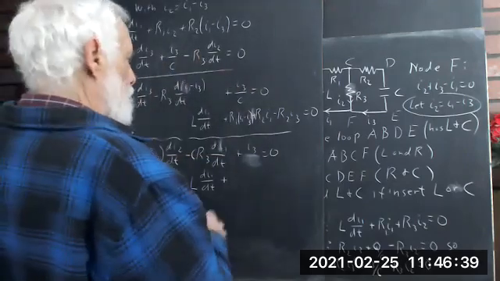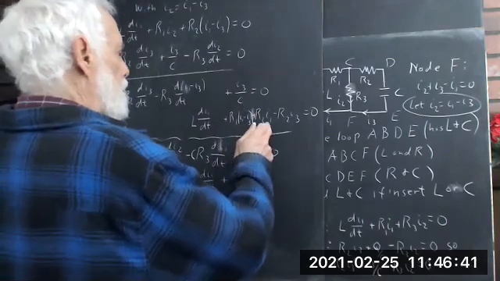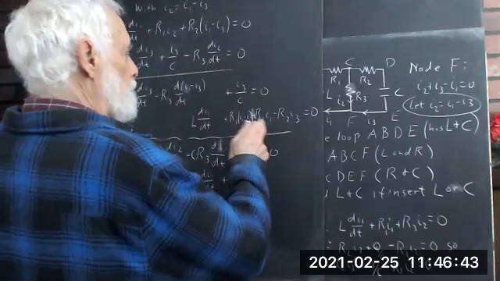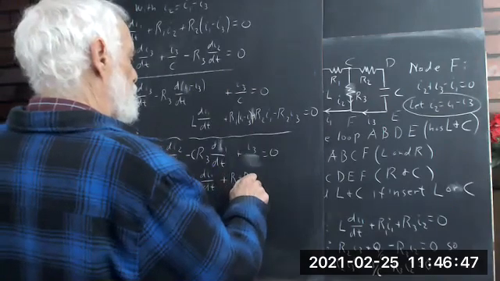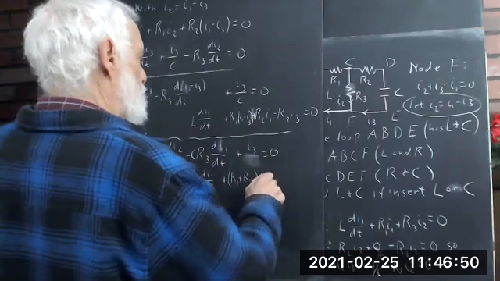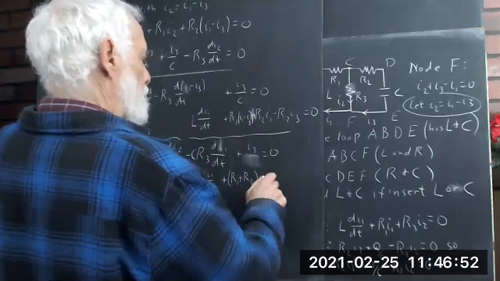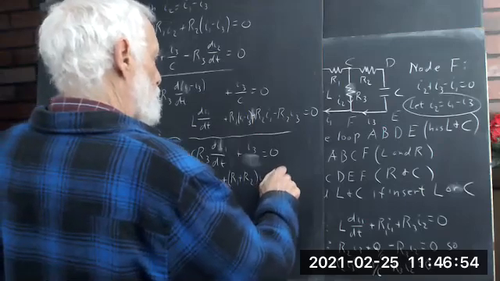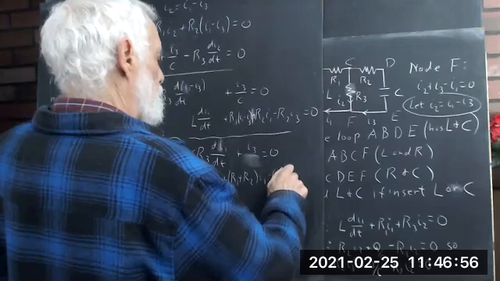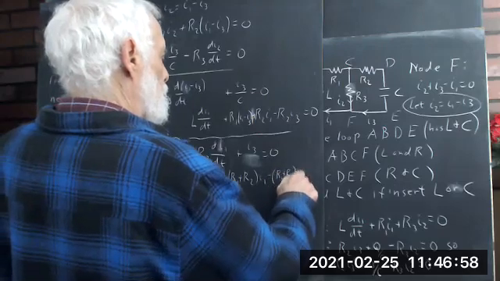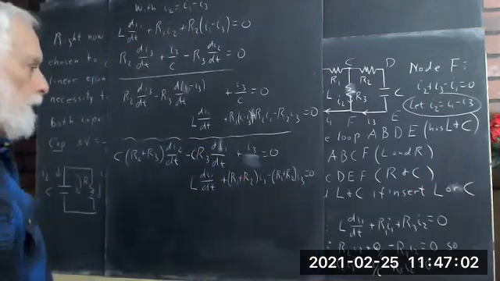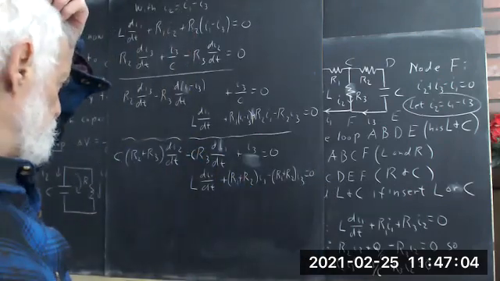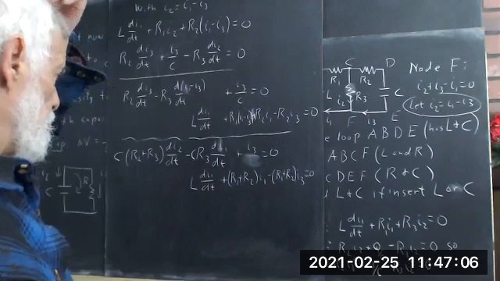And now we see that for I1, we have an R1 plus R2. And then we have R1 plus R2 times I3 equals 0.